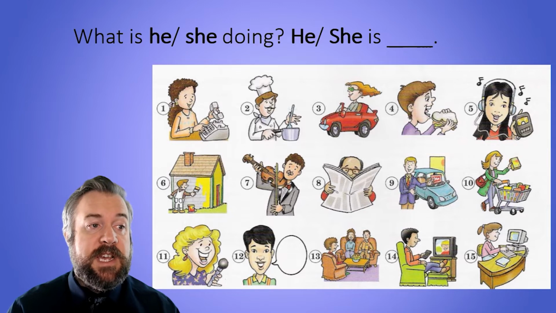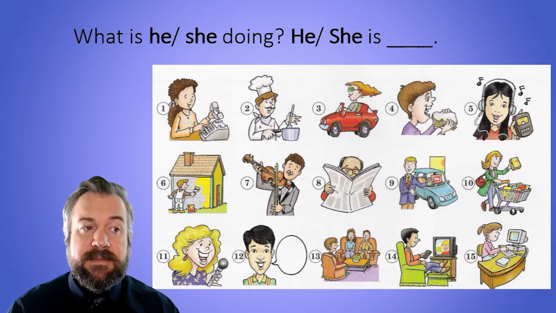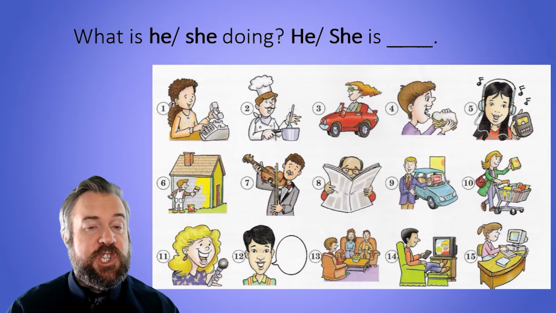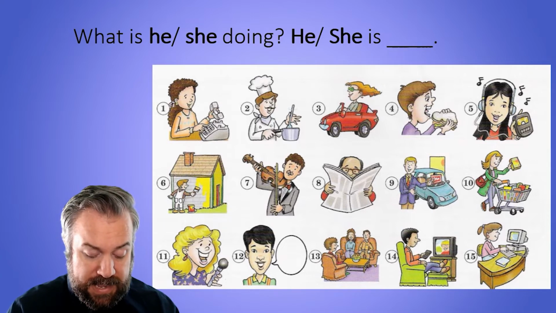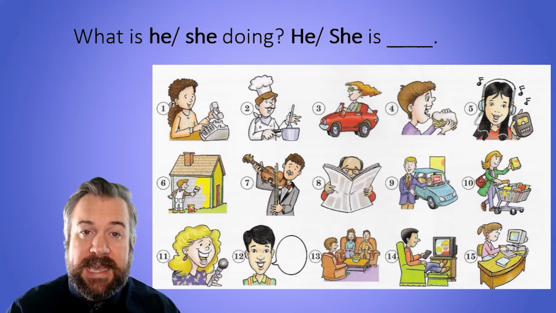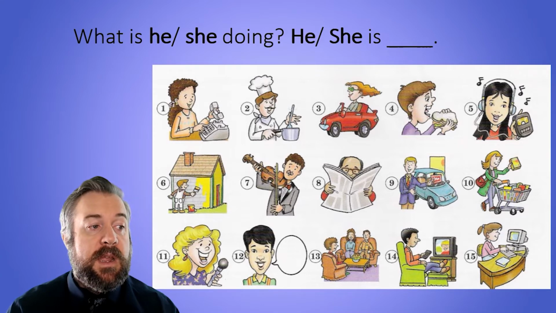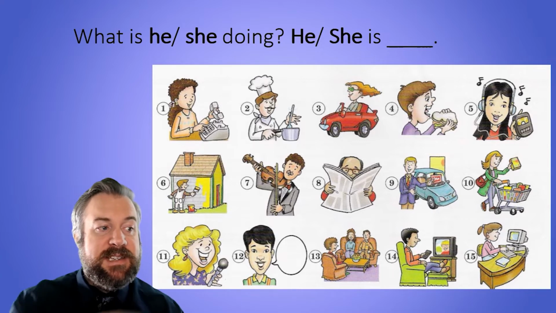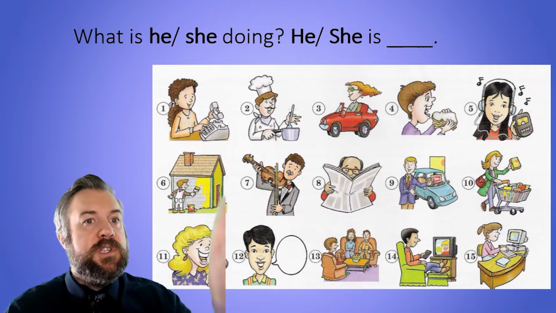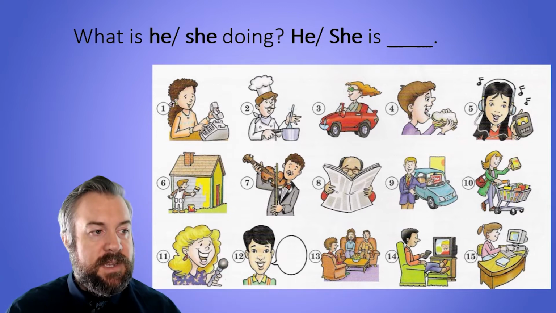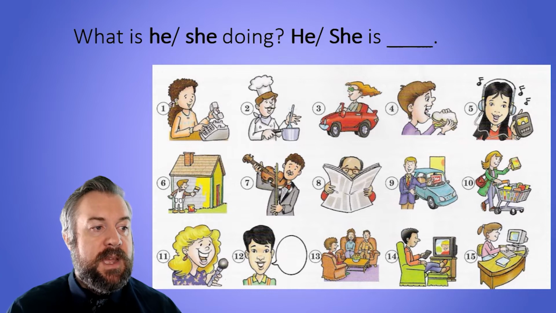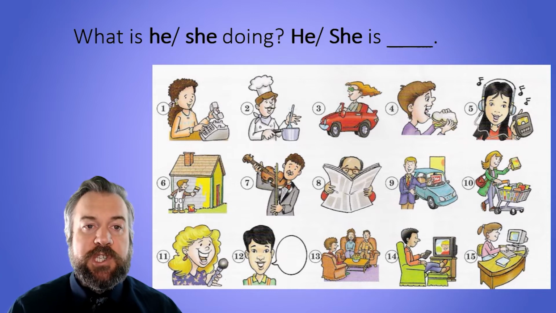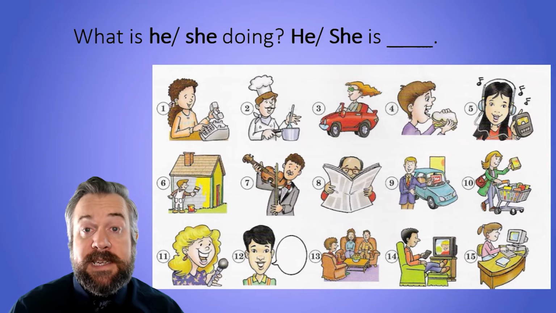Number 10, she is shopping. 11, she is singing. Number 12, he is speaking. Number 13, she is visiting. I think she is visiting the lady, or she is visiting her children. Number 14, he is watching a TV show.